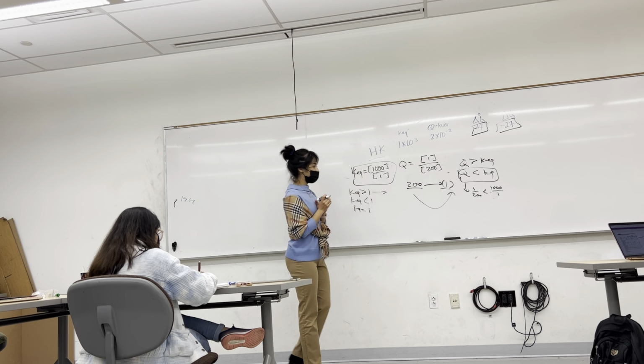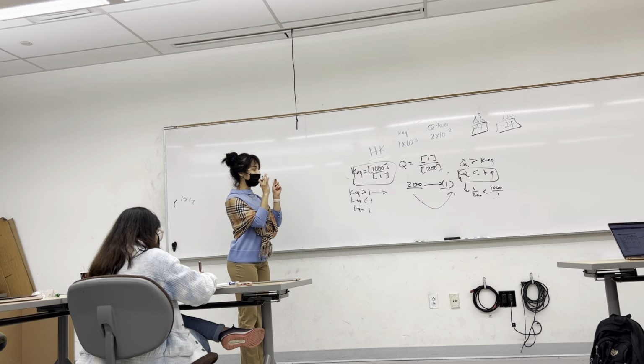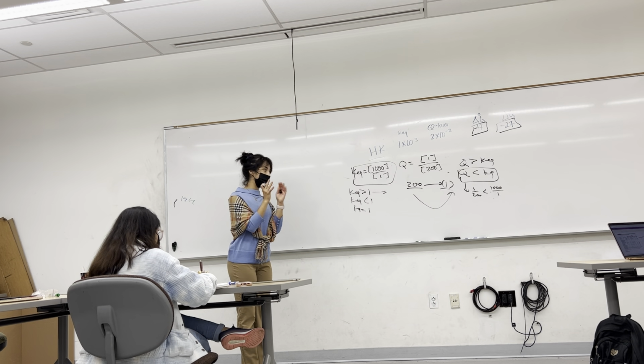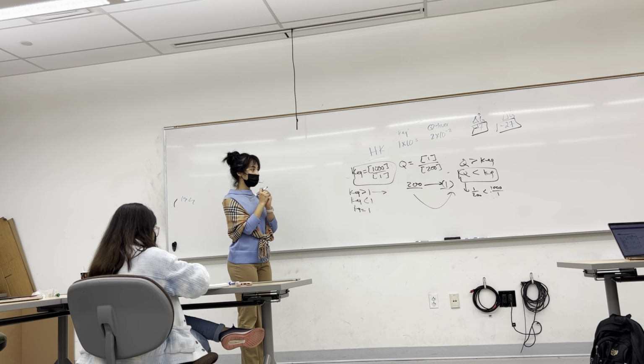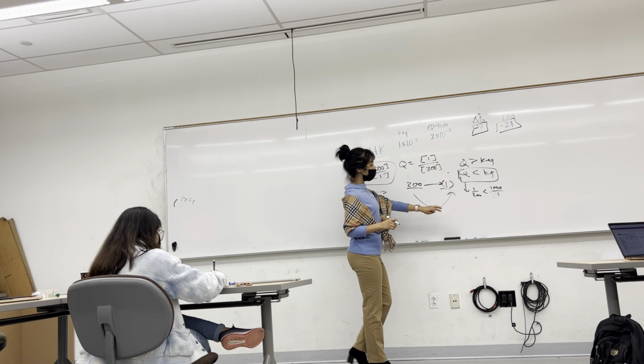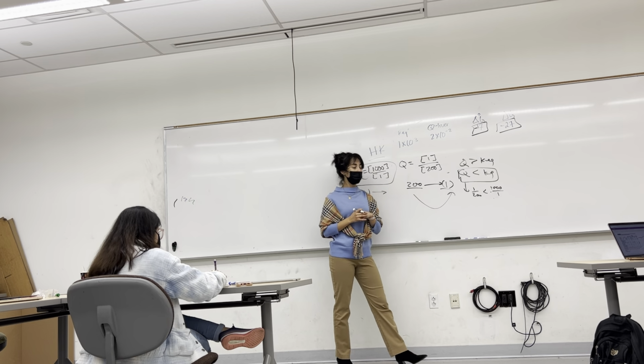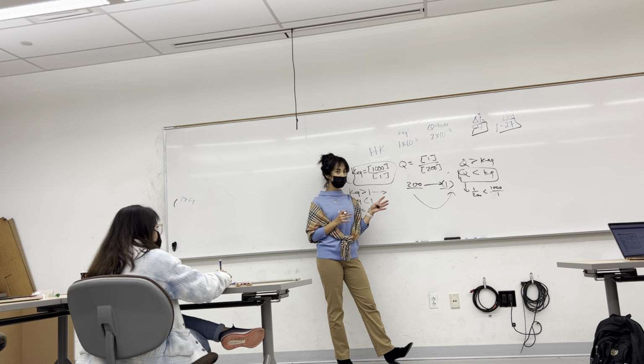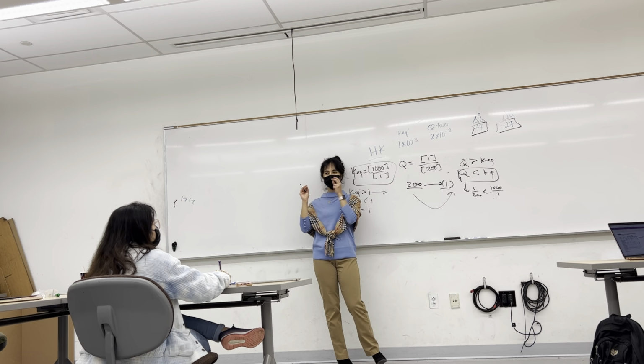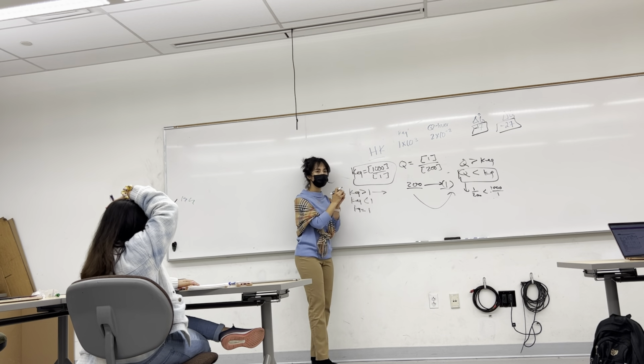Let me ask you a question. If at equilibrium you're at 1,000, and at some point in time your reactants are at 200, what direction do you think you're going to shift? Just think. What direction do you shift in?